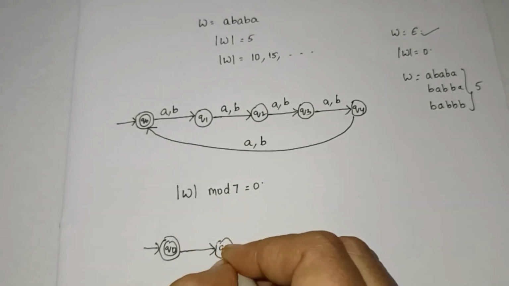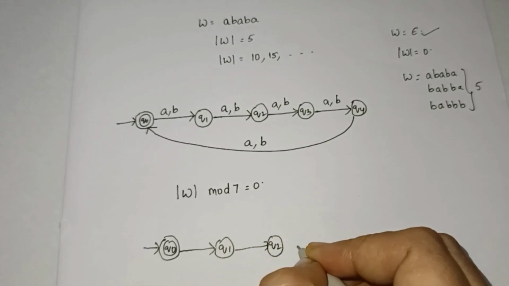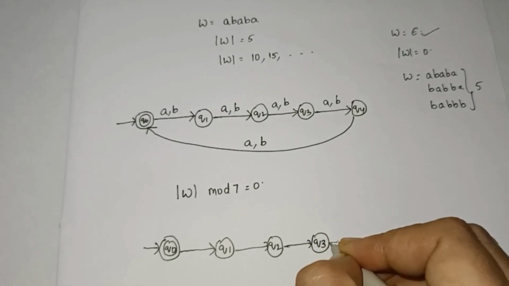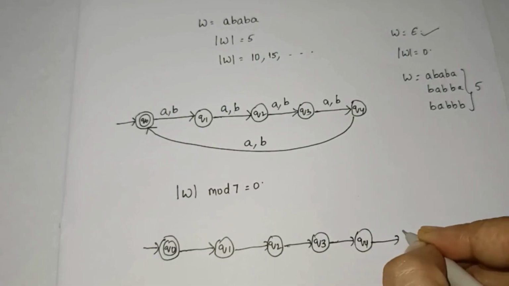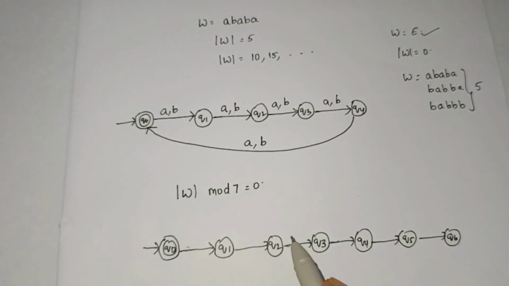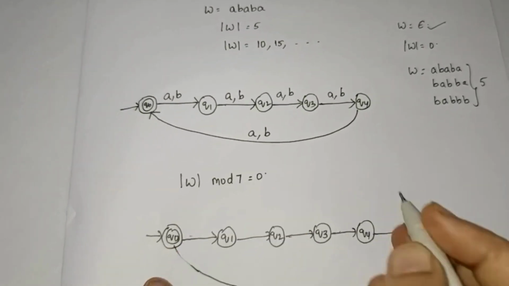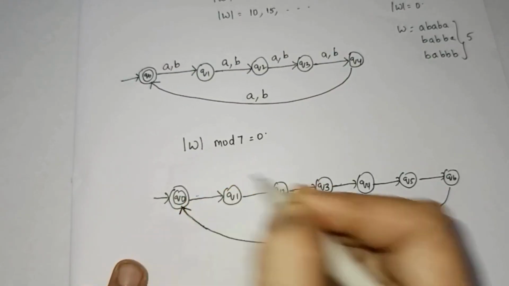So 1, 2, 3, 4, 5, 6, 7 should reach the final state.